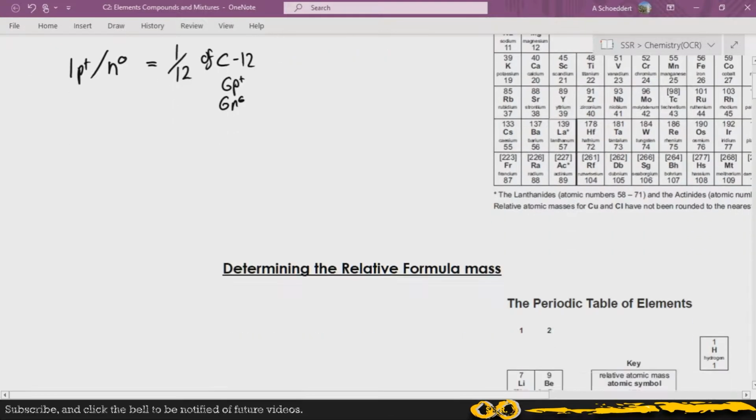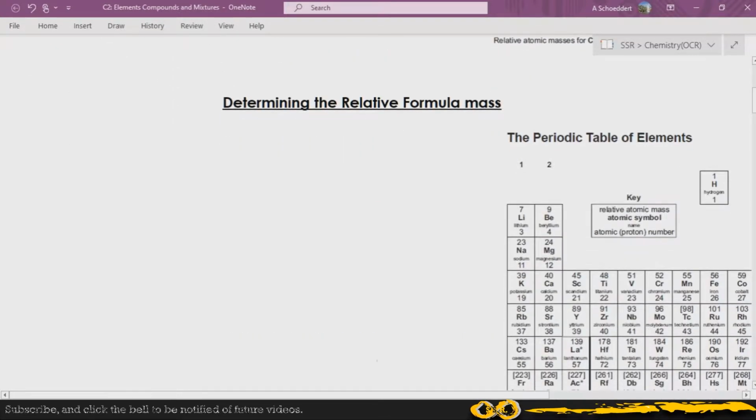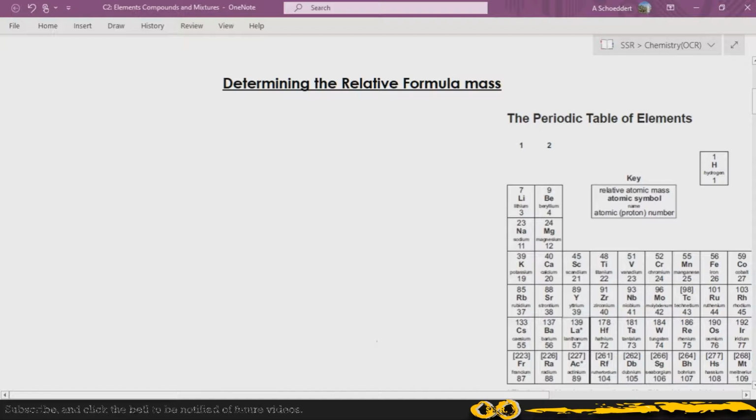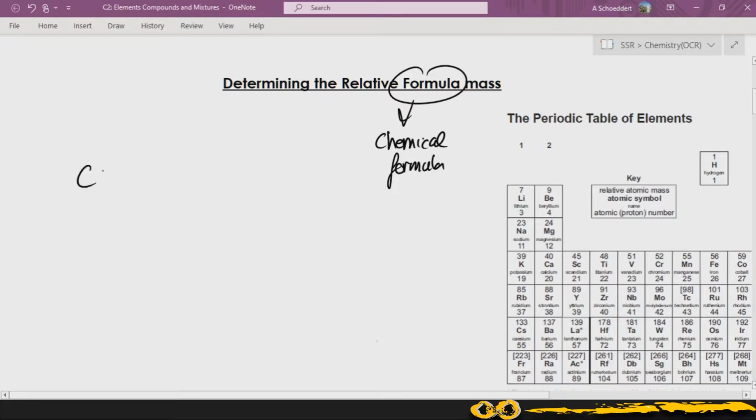After the relative atomic mass, you can calculate what is known as the relative formula mass. The relative formula mass is very similar, but the word formula tells you that it's going to have to do with the chemical formula. What this means is that we're going to use something like, for example, CO2 or carbon dioxide, and we know that there's 1 carbon atom in it, and that there are 2 oxygen atoms in it.